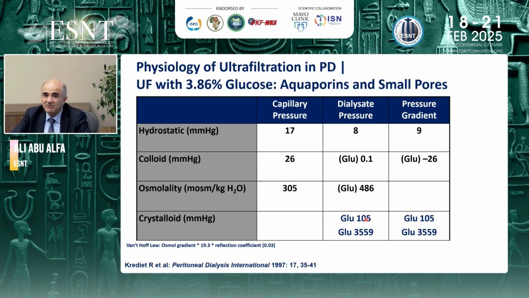But 105 is still sufficiently higher than minus 26, and you end up with a good positive ultrafiltration pressure from that osmotic gradient. You will be losing this rather quickly as glucose is lost, and because it is distributed in a spherical way, some of it may not be touching the membrane right away, and time will play a role. That's why for glucose, time is its enemy, because it's being lost.